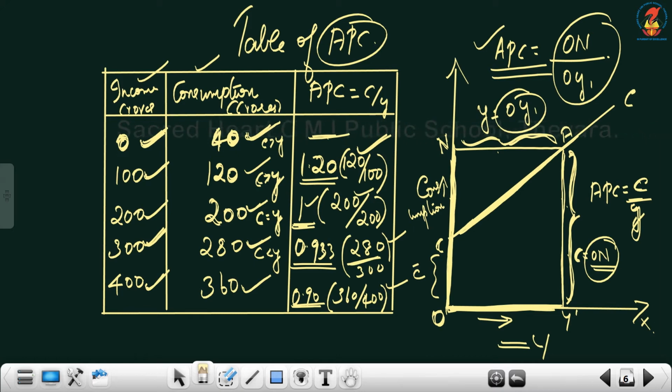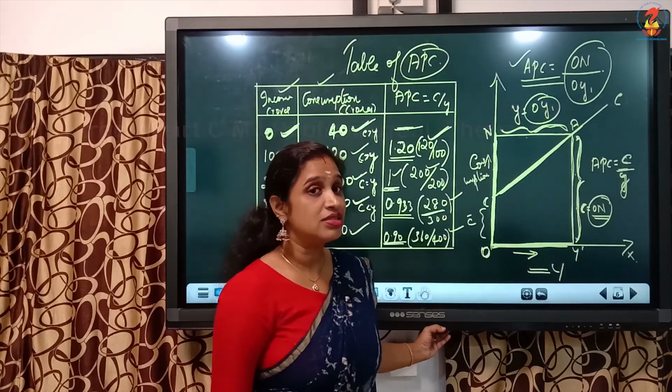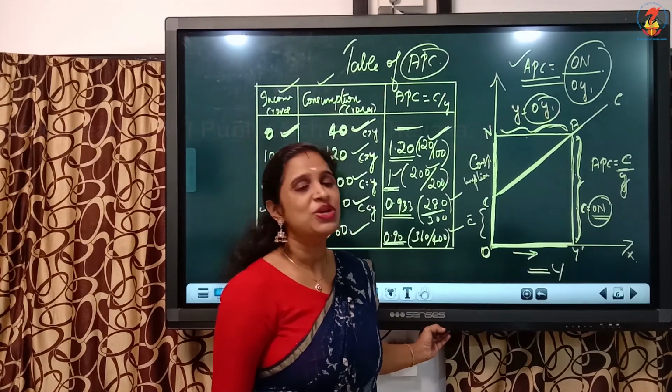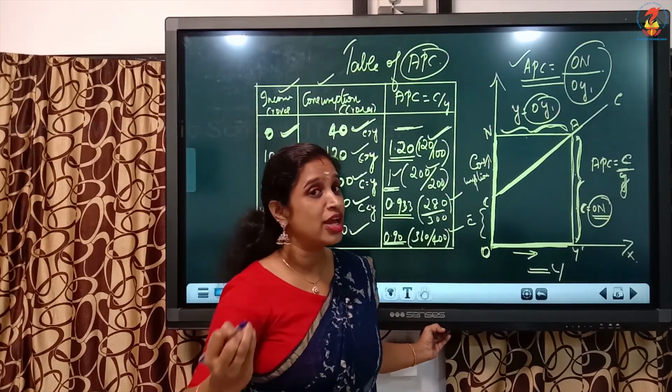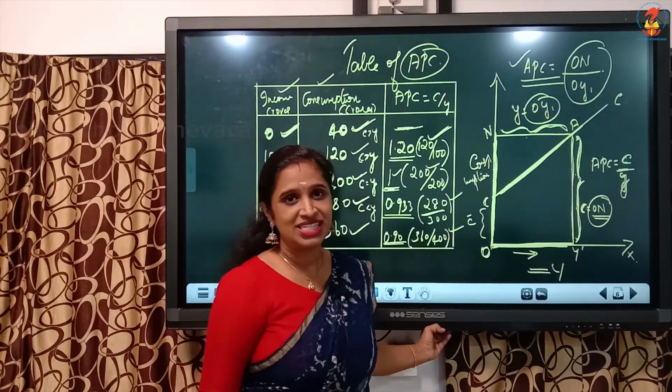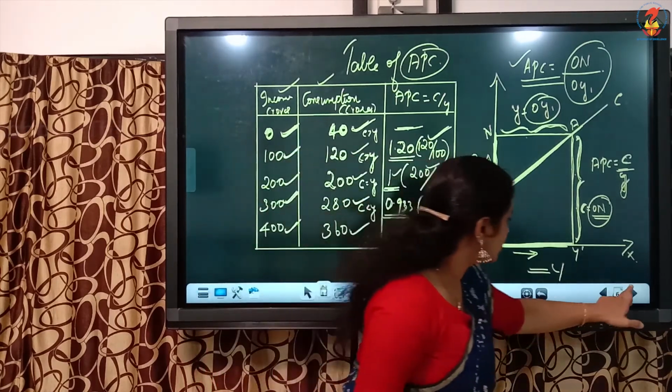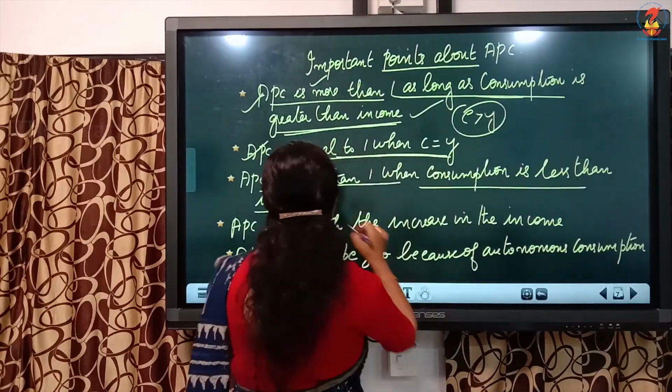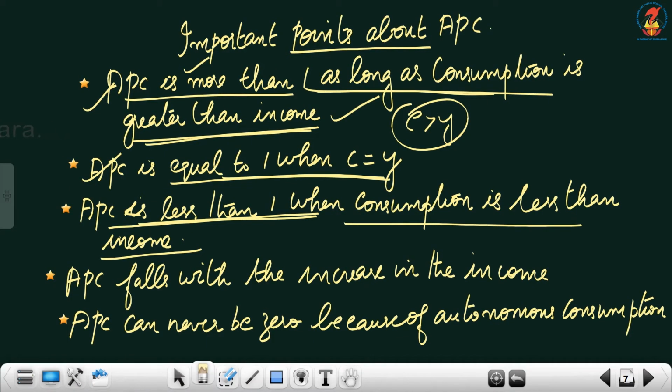Why is it less than 1? Because here C is less than Y. So when C is less than Y, it means what? A part of the income is used for saving. Therefore, we can say the statement is correct, that APC is less than 1. There the value is 0.933, which is less than 1 because consumption is less than income.